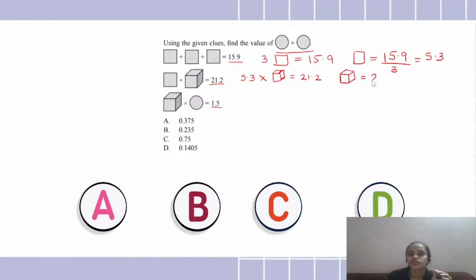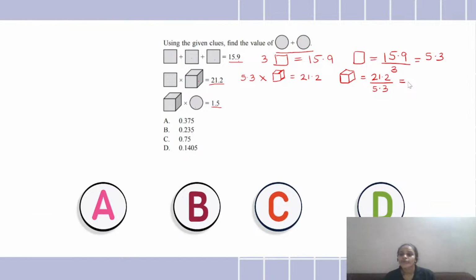Cube equals 21.2 divided by 5.3, which further equals, okay, I've already got the answers. So Satish says C is correct. Aridipta says C. Mandal says C. Anyways, I'm explaining, so don't worry, okay?